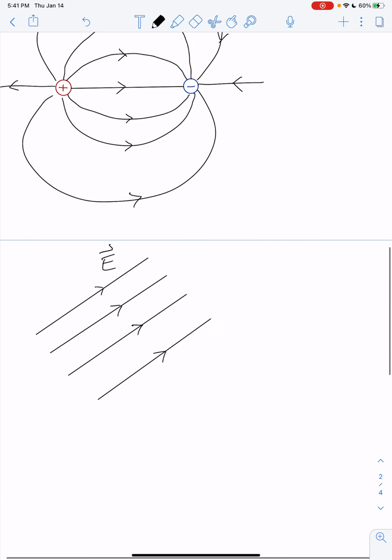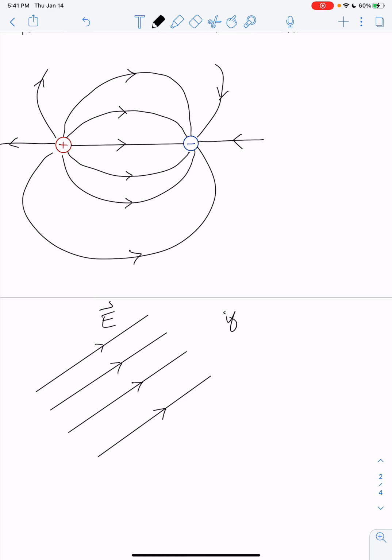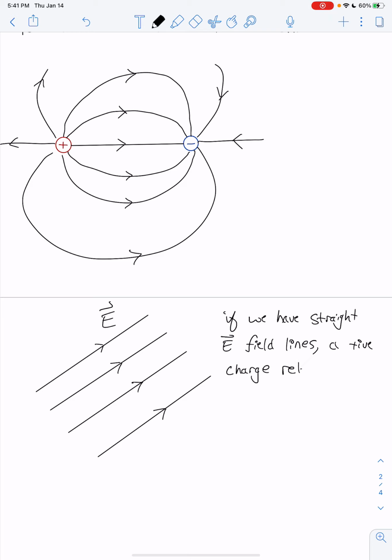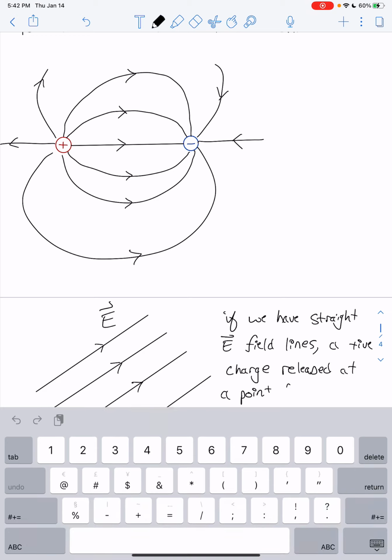So if we have straight electric field lines, a positive charge released at a point in the field will follow the lines.